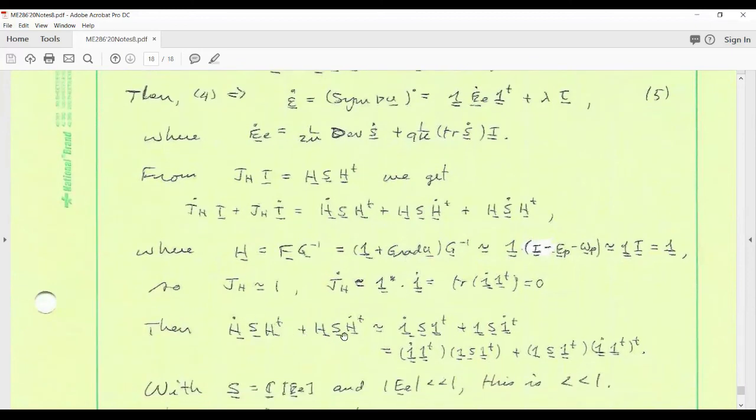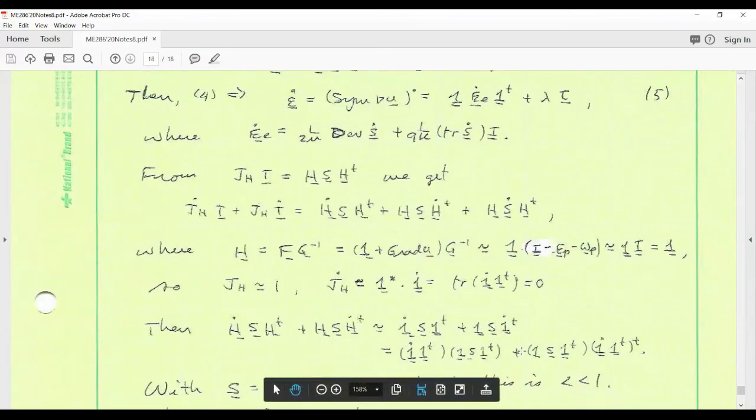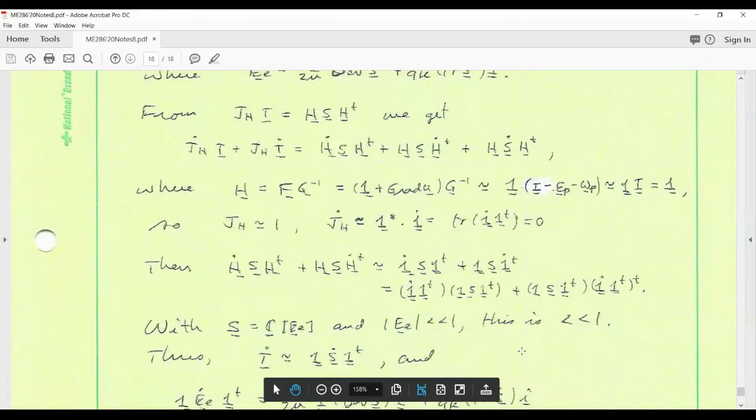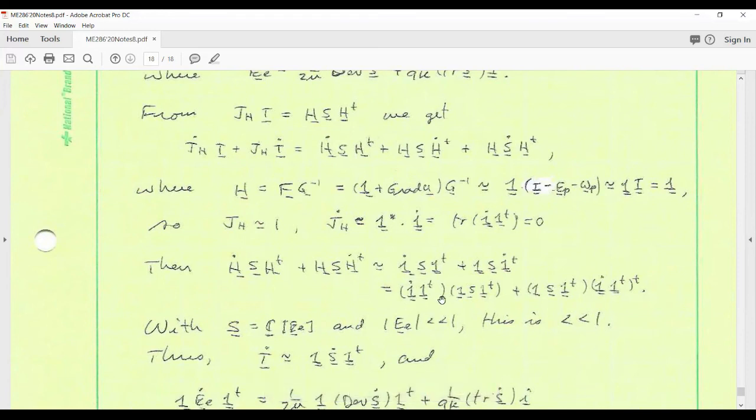The H dot terms: approximate H by the shifter, take the dot, you get this. And you can factor out 1 transpose 1, which is the referential identity, so you can sneak that in here and you can write that in this form if you like. So let's see, S is given in terms of the elastic strain this way.